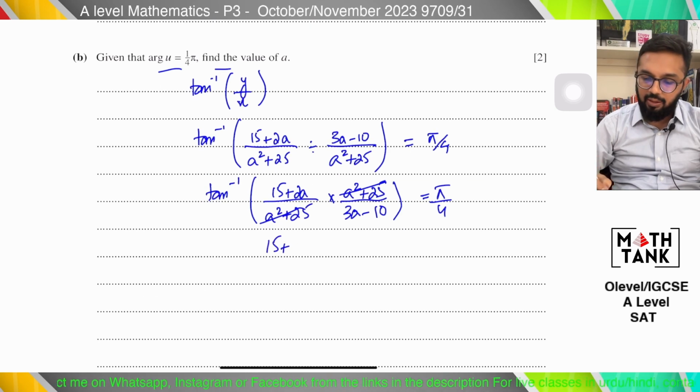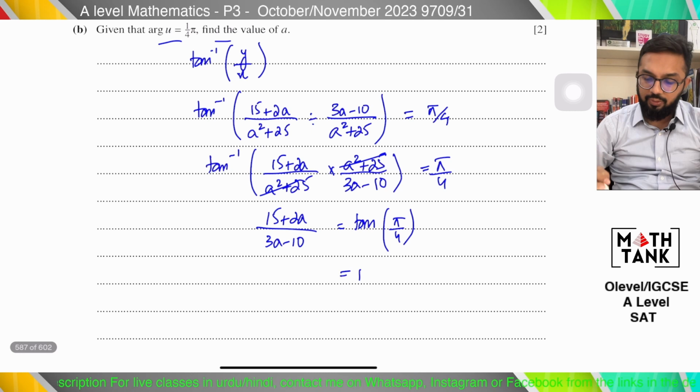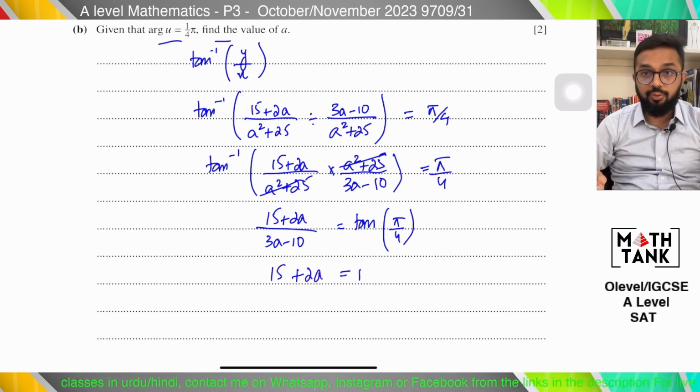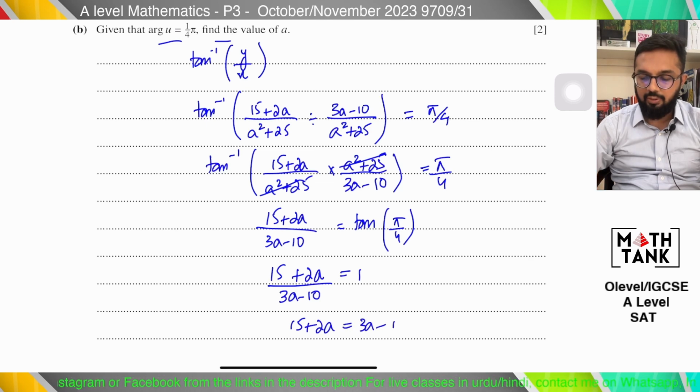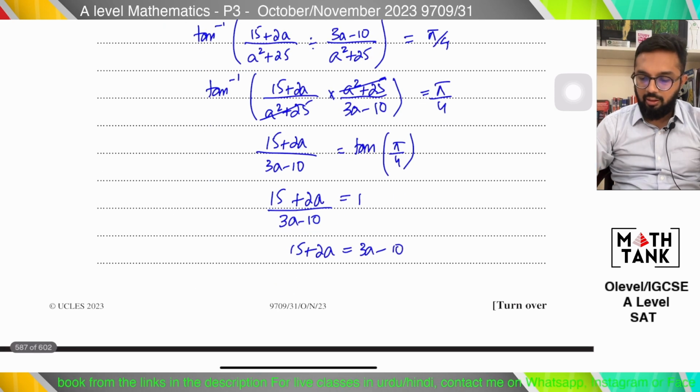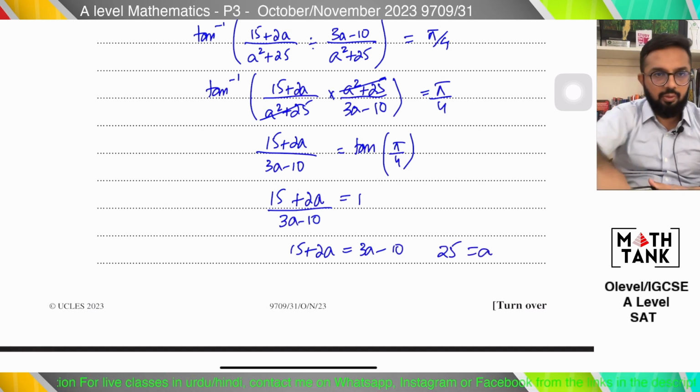So 15 plus 2a over 3a minus 10 should equal tan of pi over 4. Tan of pi over 4 is 1. So 15 plus 2a equals 3a minus 10. And that should give me a equals 25.